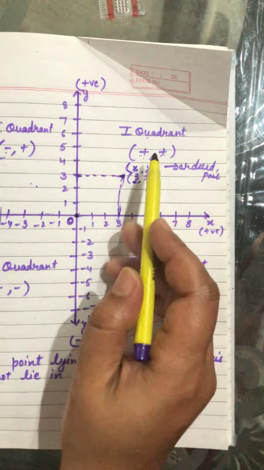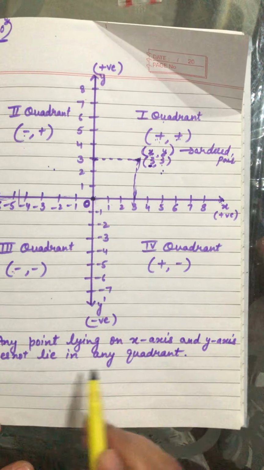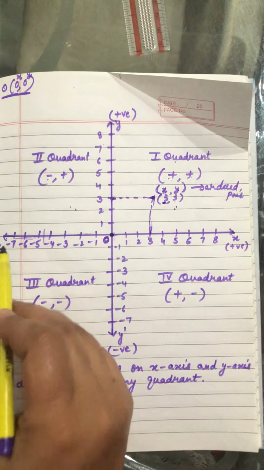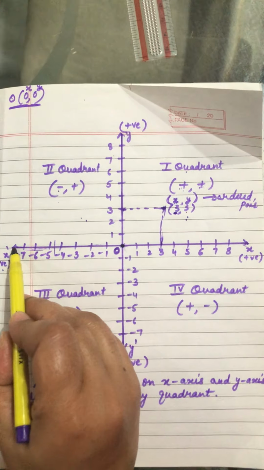Any point lying on x-axis or y-axis does not lie in any quadrant. It means if any point lies on this line or on this line, on x-axis or on y-axis, they will not come in any quadrant. They will lie on x-axis or y-axis.